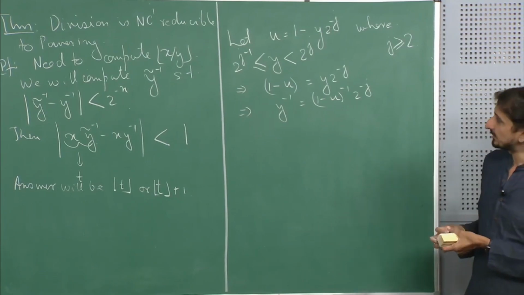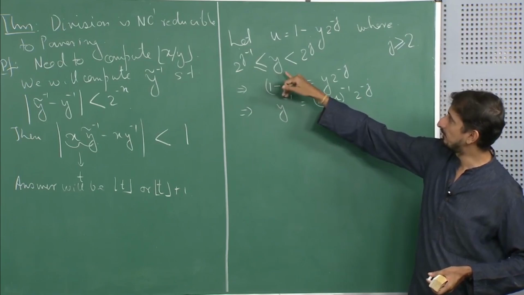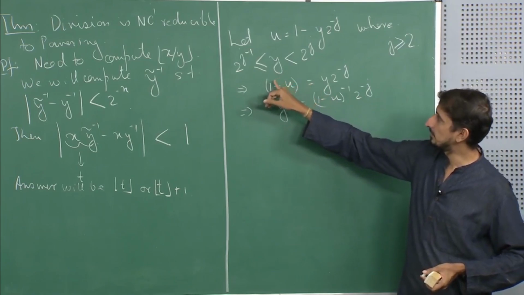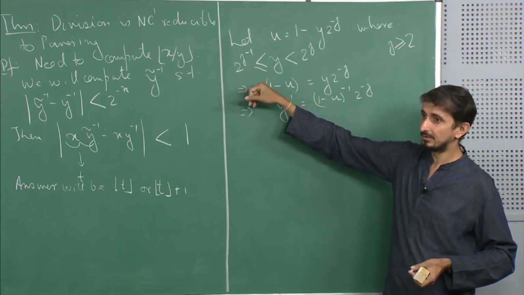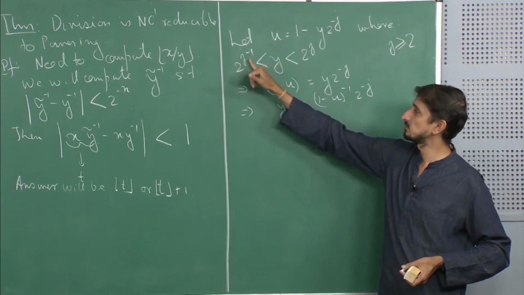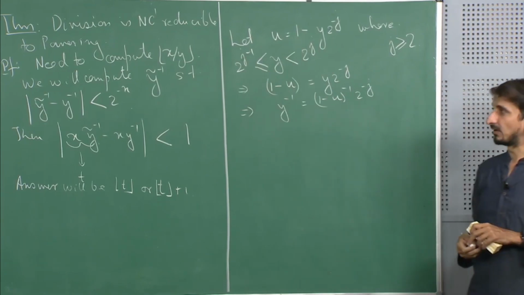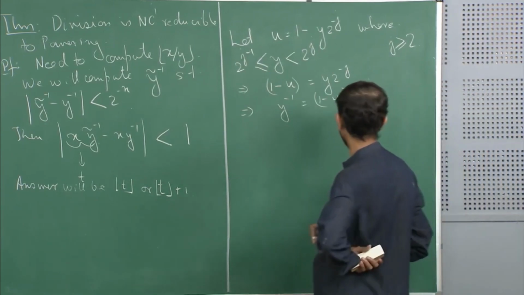So the minimum value of y is 2, which lies between 2 and 4, so j is at least 2. We will be using this fact later on.